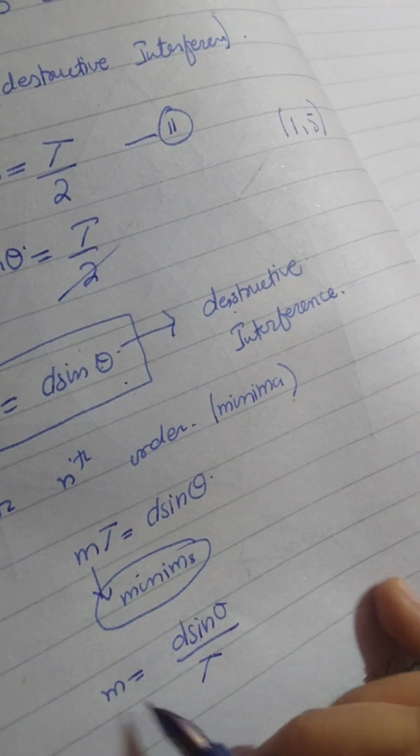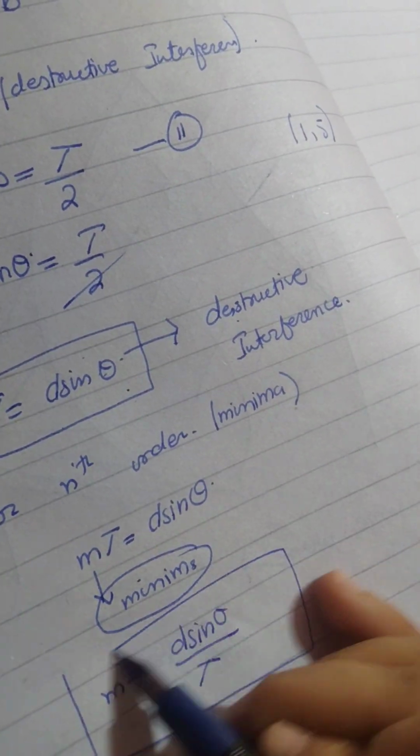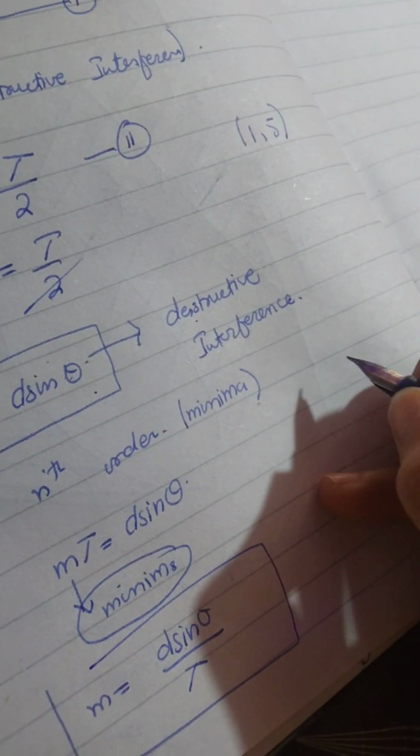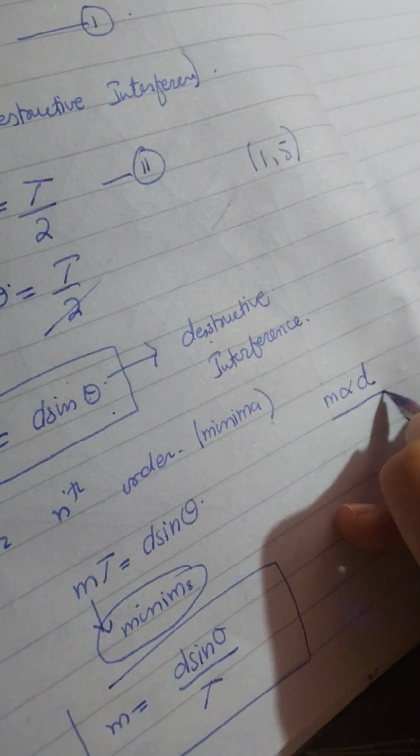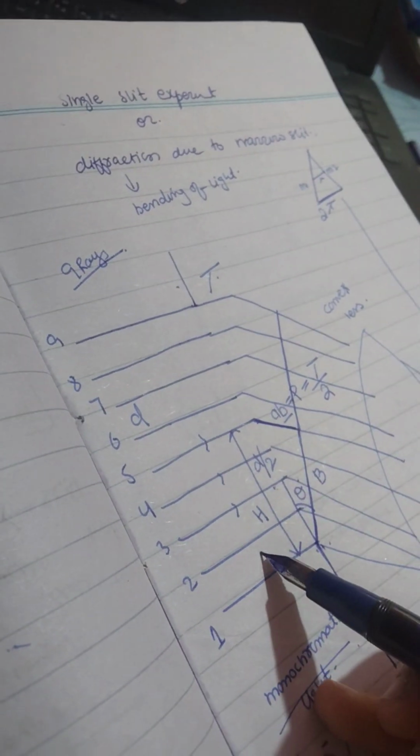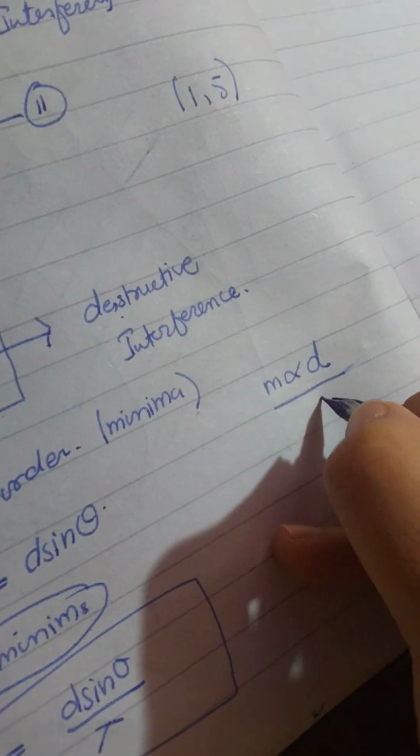Now according to this equation we have 3 observations. First, m, which is minima, is directly proportional to d. What is d? d is the slit width. If we increase this distance, the minima, meaning the destructive interference, will also increase, right?